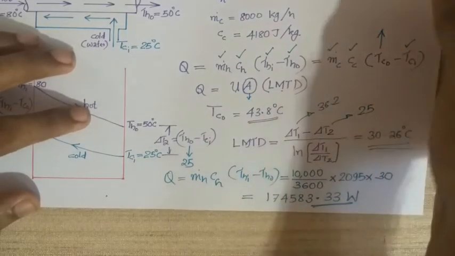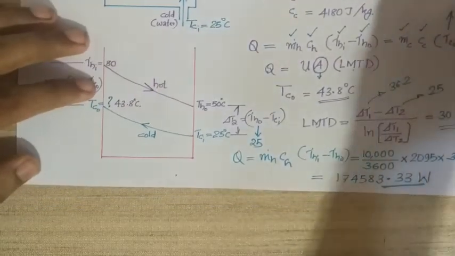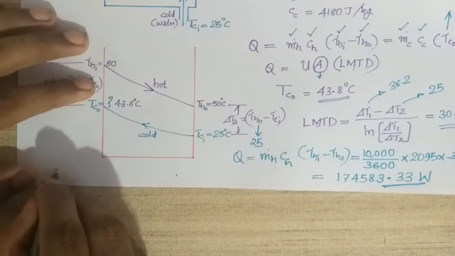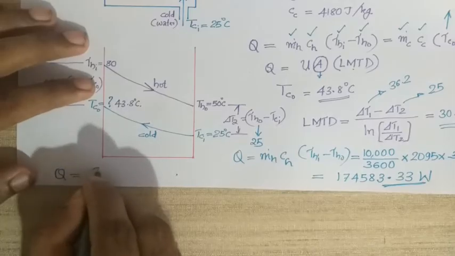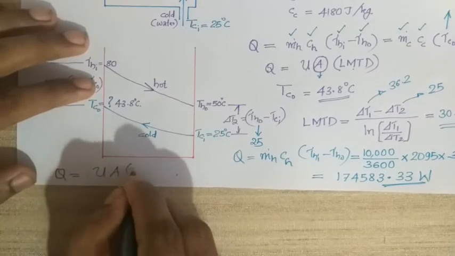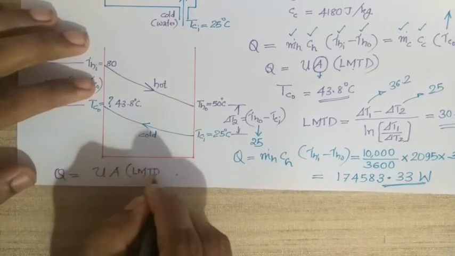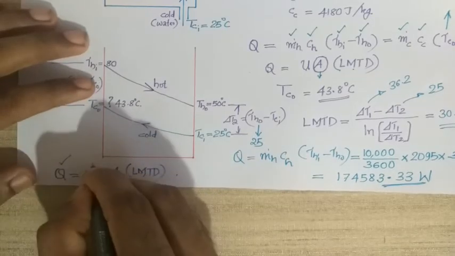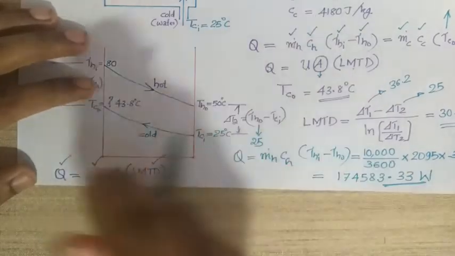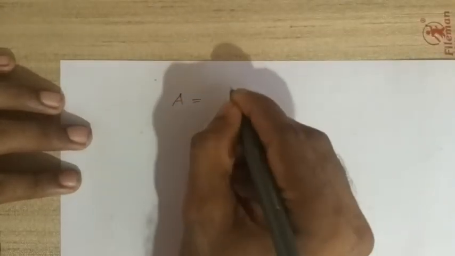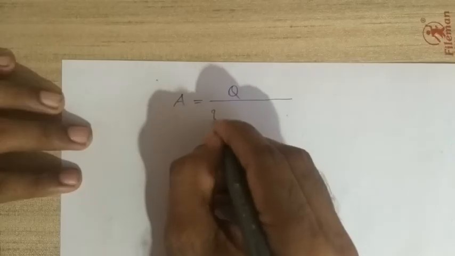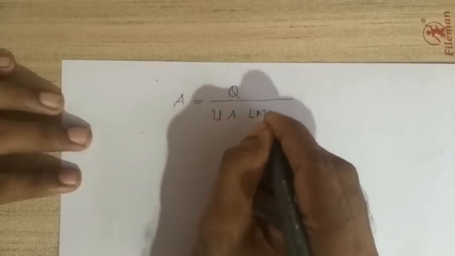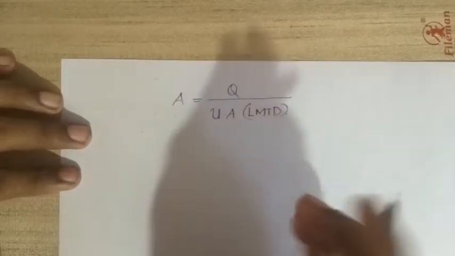Now using this Q equal to U into A into LMTD: Q is known, U is given, and LMTD we now have. So the area will be equal to Q divided by U into LMTD, the logarithmic mean temperature difference.